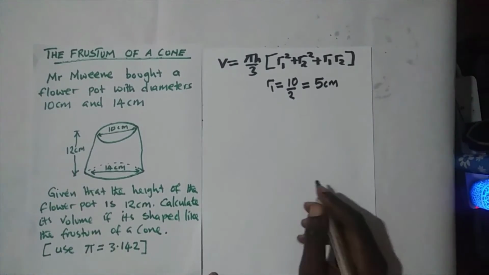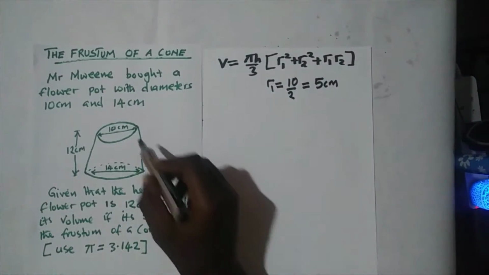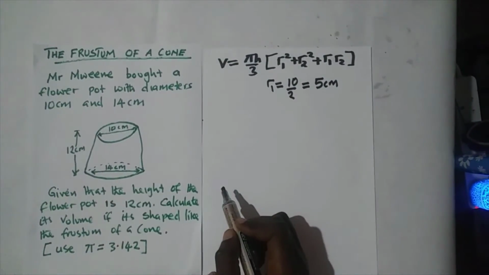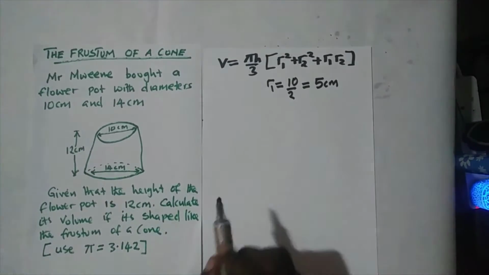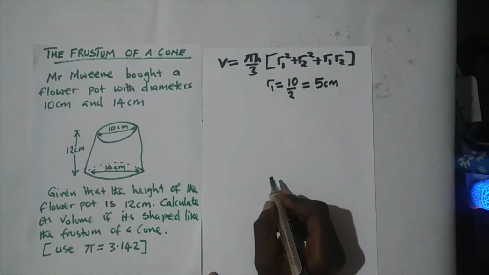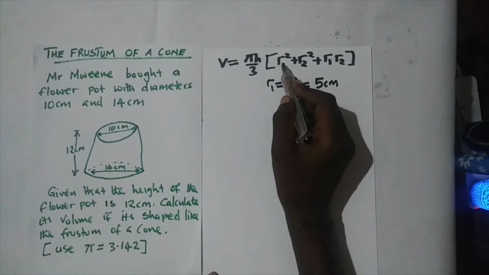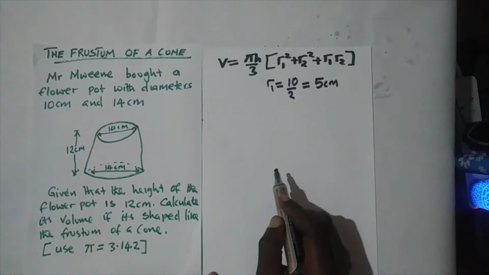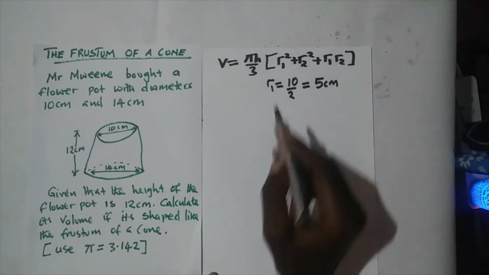You'll be lucky in different questions, if you are given the radius on top, then you will not need to divide. But in this case, you have a diameter, so you have to divide it by 2 to get the radius. Since in the formula we have r1 squared, we will see when the time comes how we are going to substitute in there.